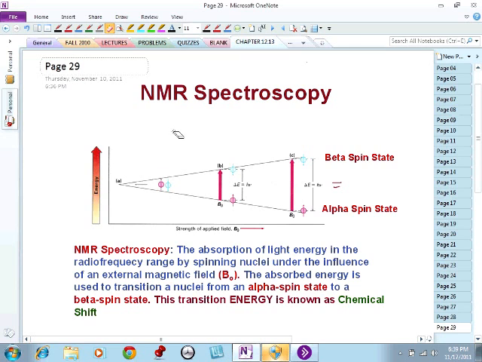Why are they in different electronic environments? We told you earlier, because each one of them may be exposed to the external magnetic field to a greater extent. Say for example, I give you this here.